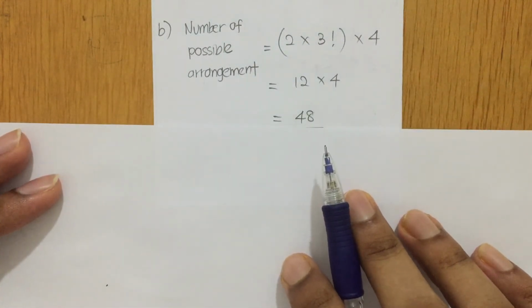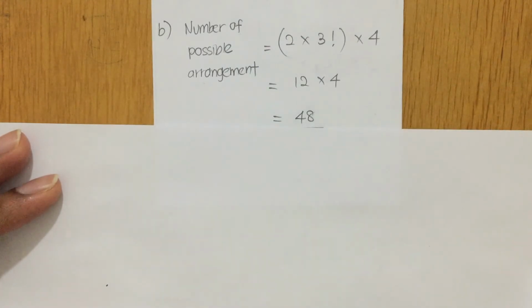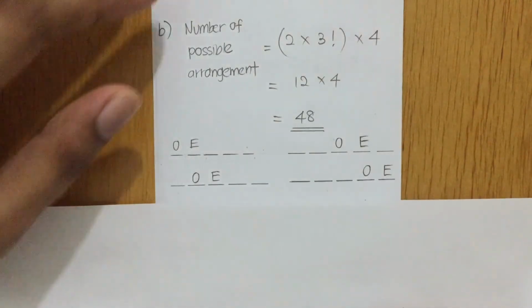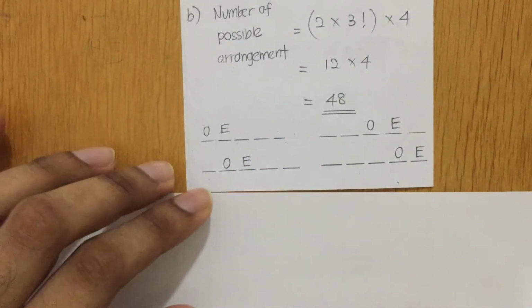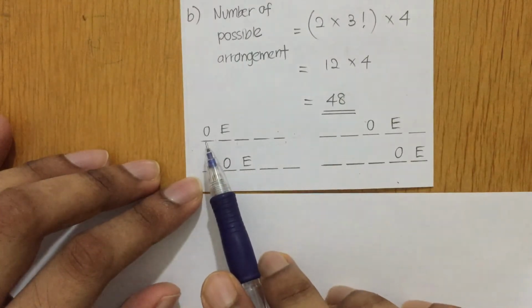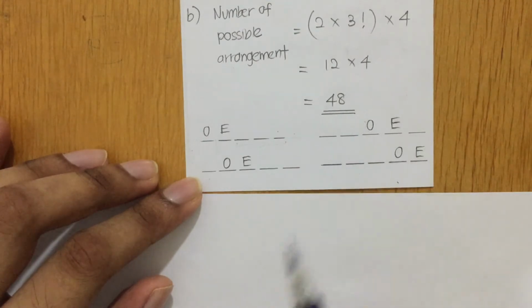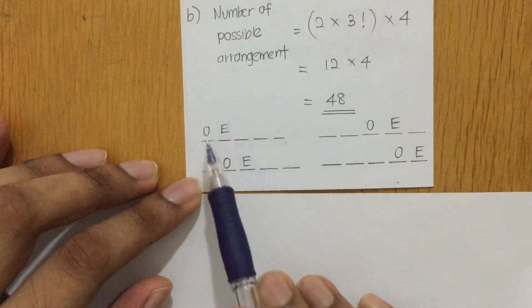Remember that I've mentioned in the question that letters O and E must be side by side. So I'm going to show you the number of possible positions of letters O and E. Take a look here, guys. I'm going to start from here, followed by from here and from here. So this will be your first situation.